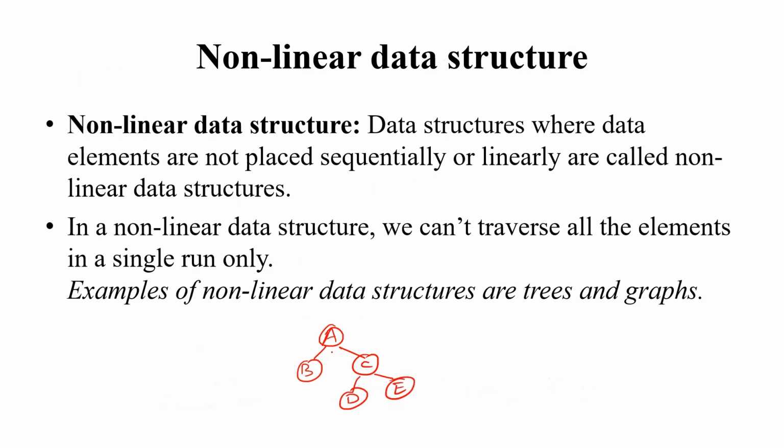In this example, you can see that the data elements don't have sequential access. We cannot traverse these data structures in a single run, so these kinds of data structures are called non-linear data structures. One example of a graph is like this.